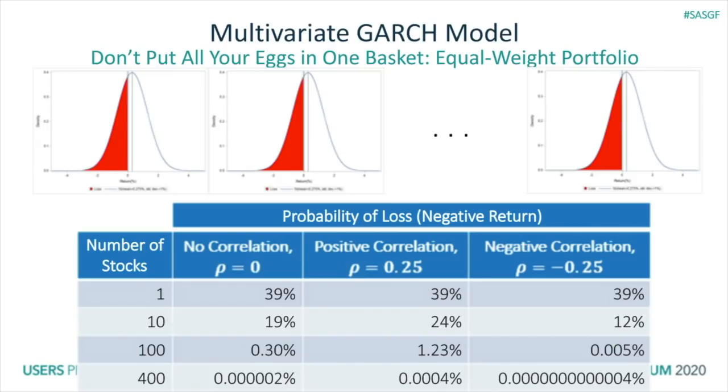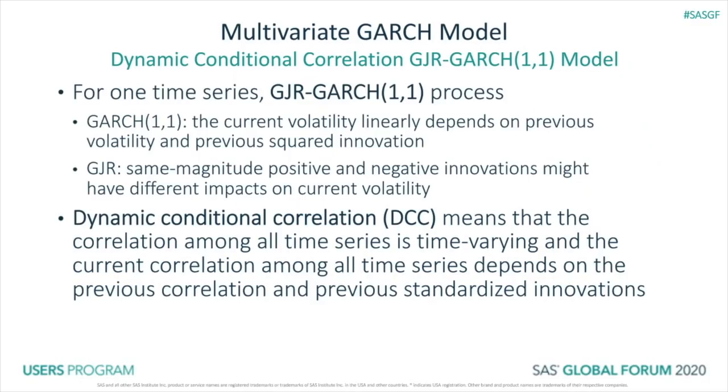So now we know how the risk is linked to the volatility. We can focus on how to model or forecast such volatility. We'll use the so-called dynamic conditional correlation GJR-GARCH(1,1) model. This is a long name, but it's really talking about two main parts.